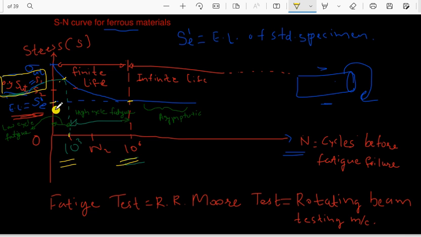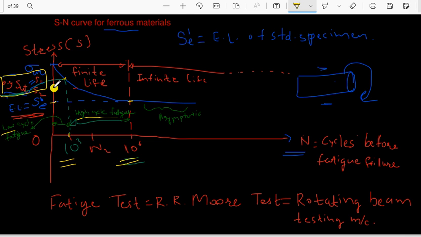Then you can see here, I have written high cycle fatigue and low cycle fatigue. As I was talking about the stress value equal to 90% of SUT, whatever number of life cycles we are getting, those are called low cycle fatigue, or up to this limit that will be low cycle fatigue.